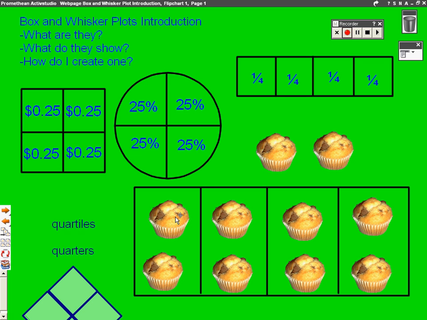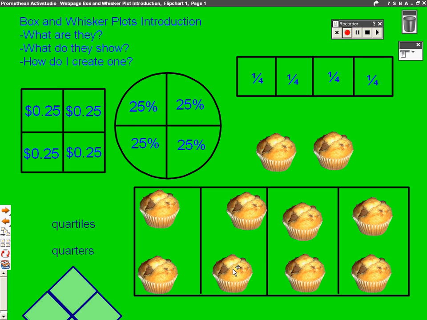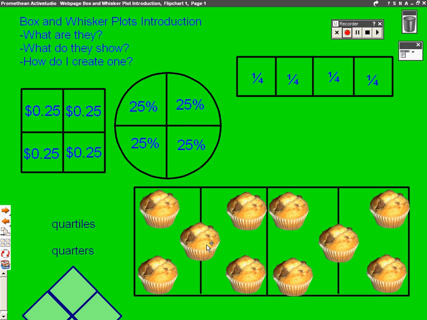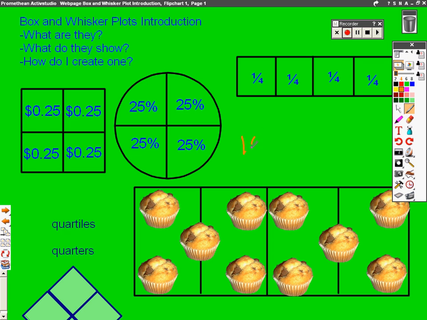Sometimes you have to split numbers up in order to make sure that they're in equal groupings. Each person then gets an additional half muffin. So therefore, 10 divided by 4 would be 2.5.